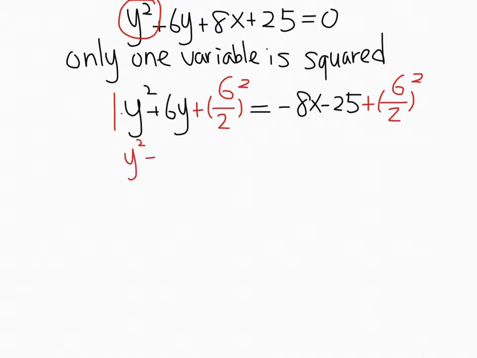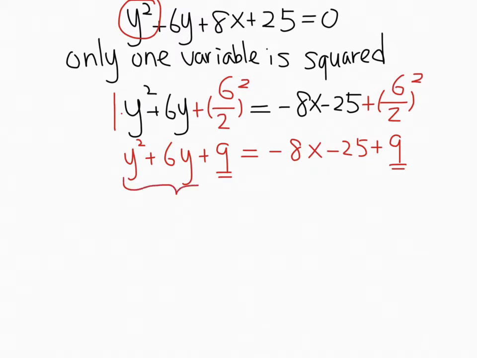Let me quickly put these equations in order so that it's easier to read. So I have y squared plus 6y plus 9 equals negative 8x minus 25 plus 9. You can see now, with plus 9 on both sides, I am not changing the given equation. With these three terms, can I make it into a perfect square?